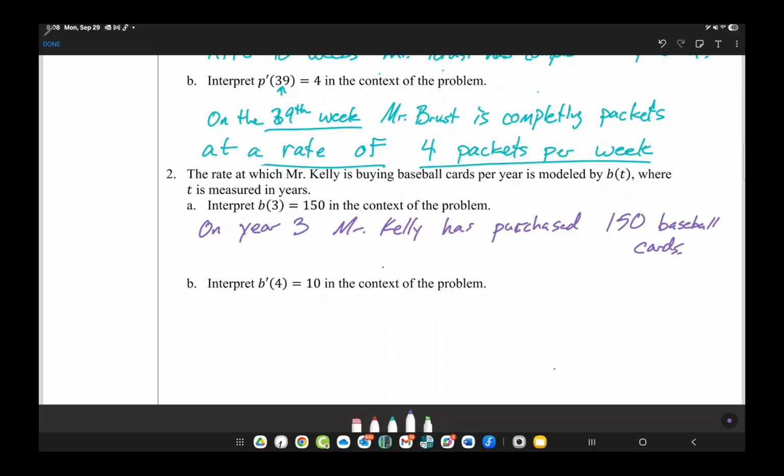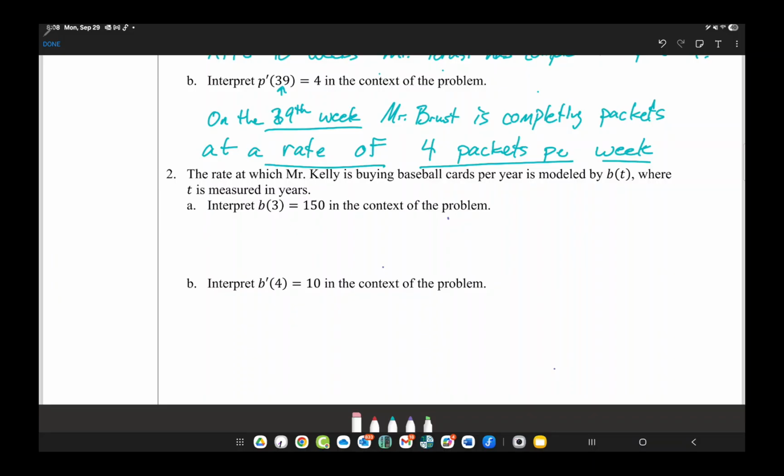Oh, wait, nope. Sorry, erase that. I did not read the question. What is this function representing? What's the very second word of this sentence? The rate. This function is a rate function. So it's saying during year 3, Mr. Kelly is buying baseball cards.